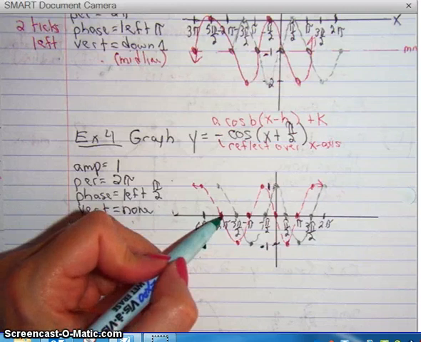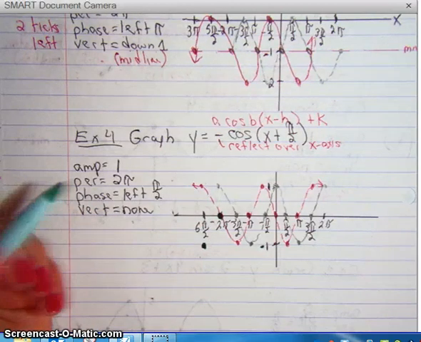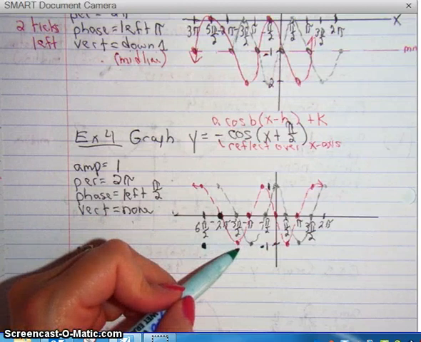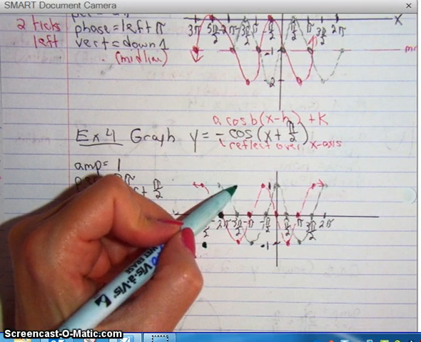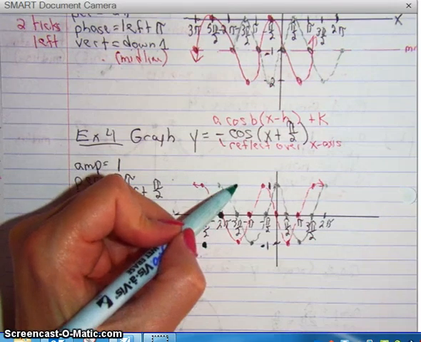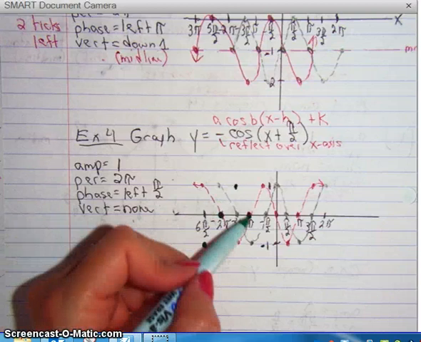X-intercepts stay on the x-axis. At negative 3 pi over 2, I'm down at 1. I have to reflect it over the x-axis, so then I'm up at 1. At negative pi, I'm on the x-axis.